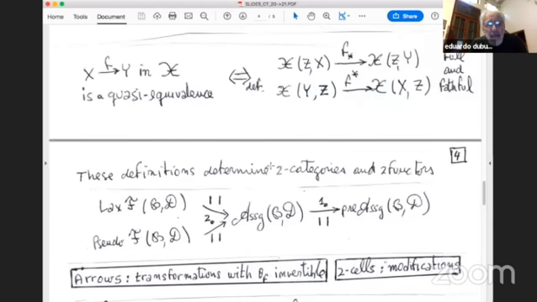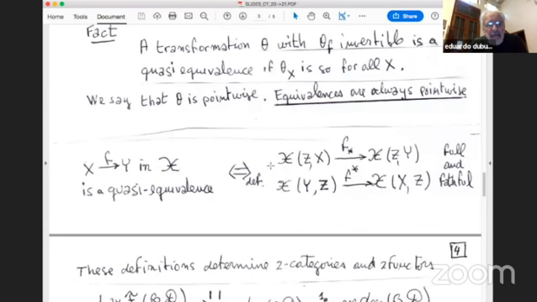Now, I come back because we have introduced, for the purpose of this work, a notion of quasi-equivalence. Quasi-equivalences maybe are defined somewhere in the literature, but we have no reference for them.